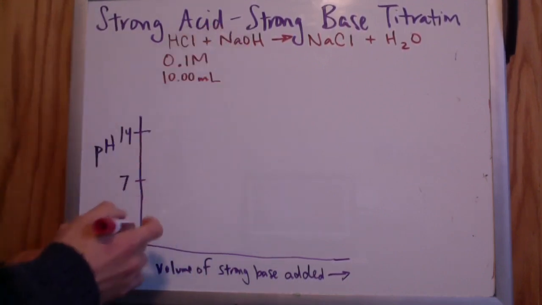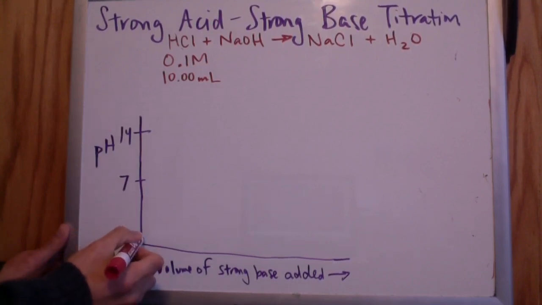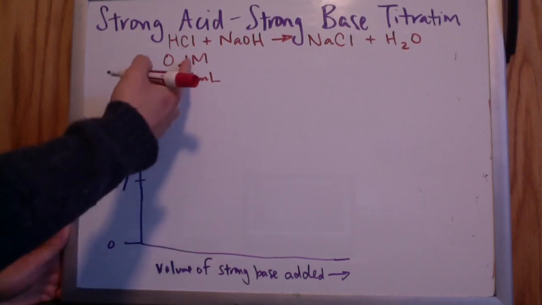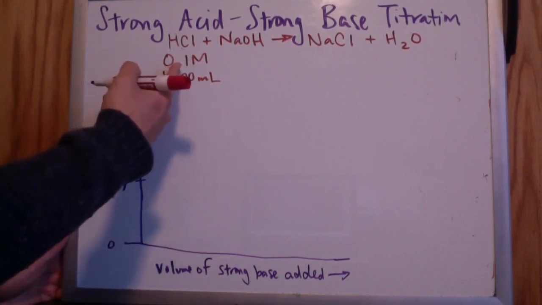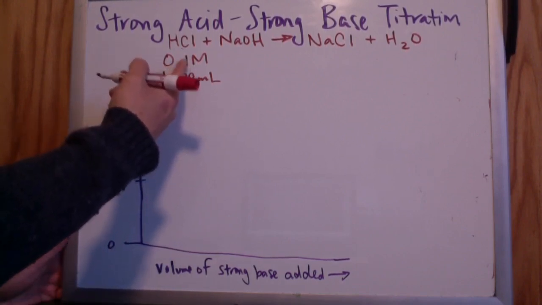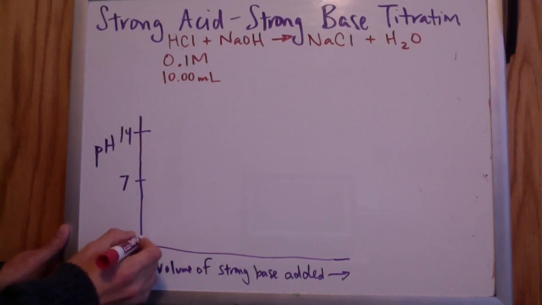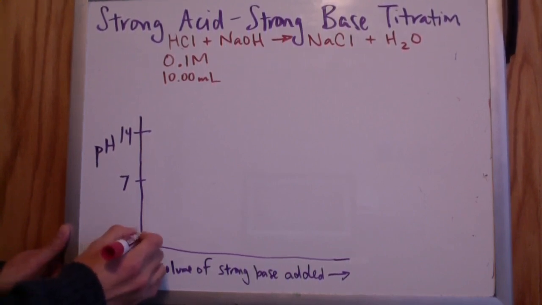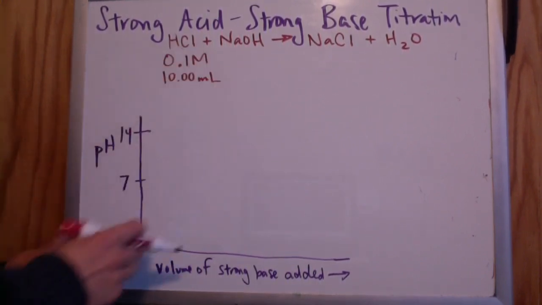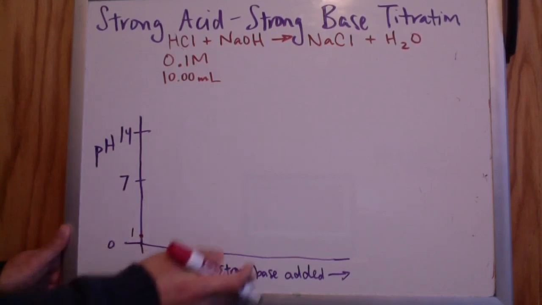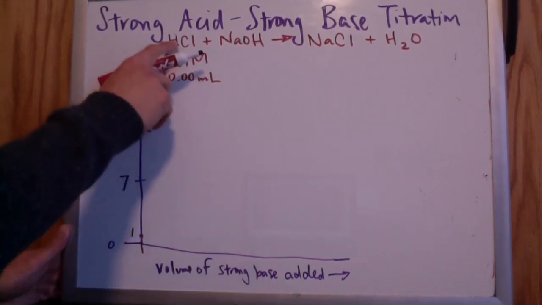We will start off with that for every scenario. For the titration curve, since it's only hydrochloric acid, all we would have to do is negative log 0.1 and we would get the pH. So the pH would be 1 to start off with initially, because if we had 0 base added, all that would be in the solution is hydrochloric acid.